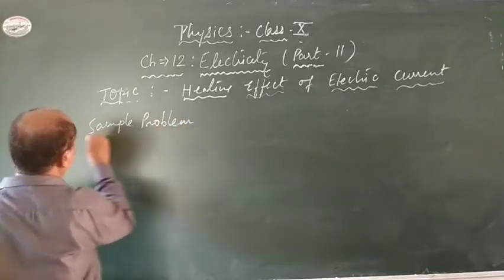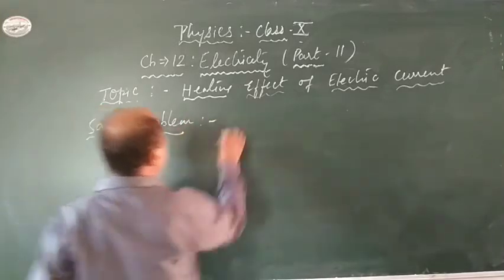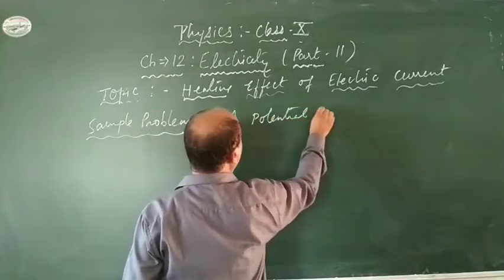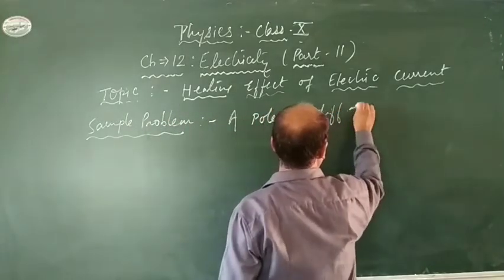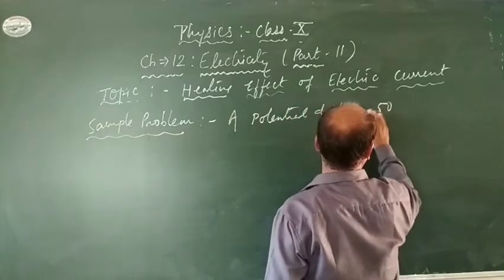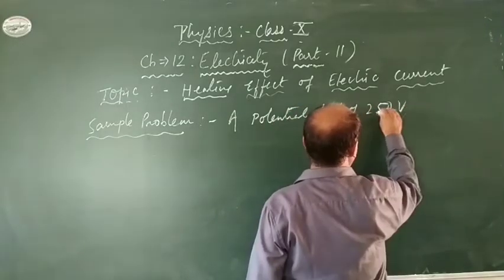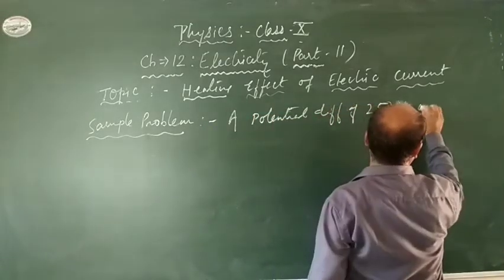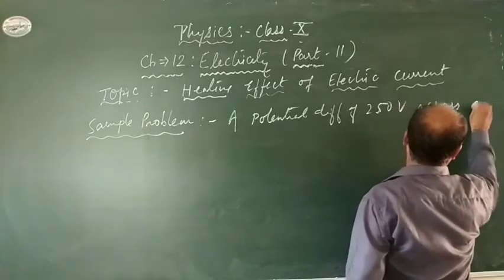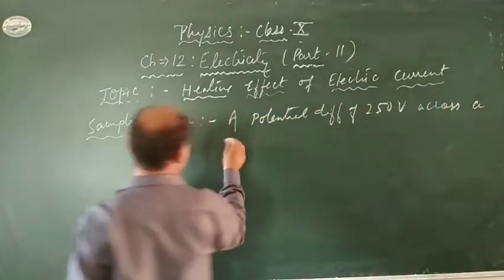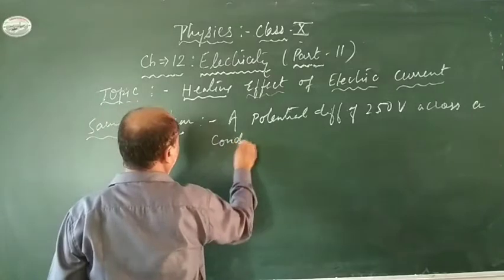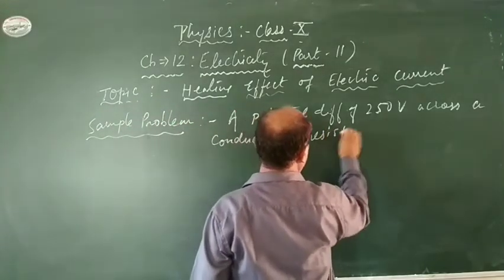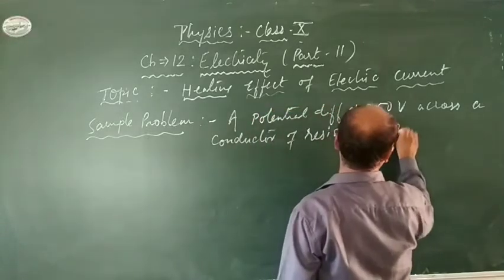Suppose a potential difference of 250 volts is applied across a conductor of resistance 500 ohms.